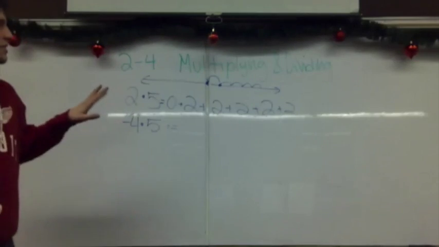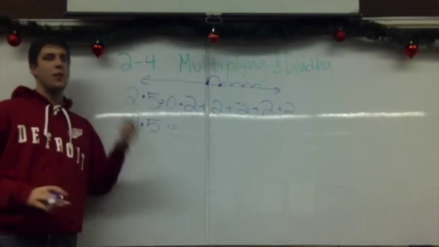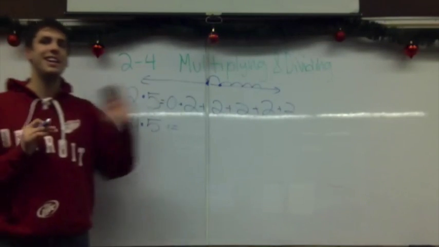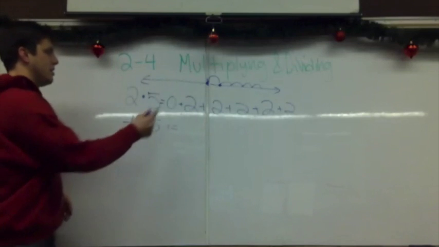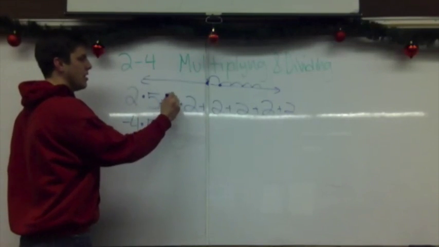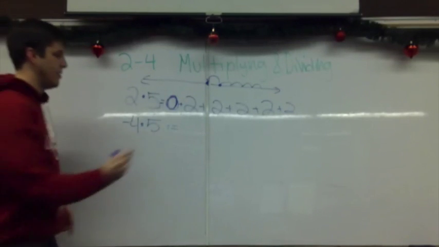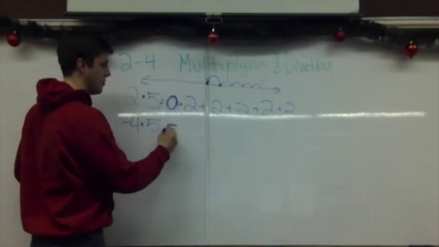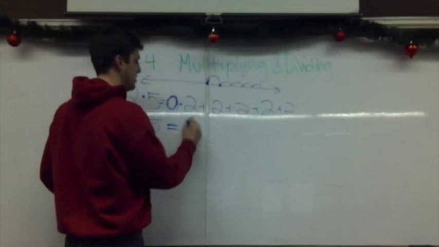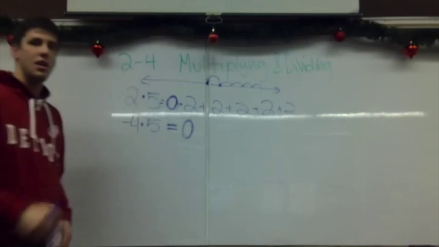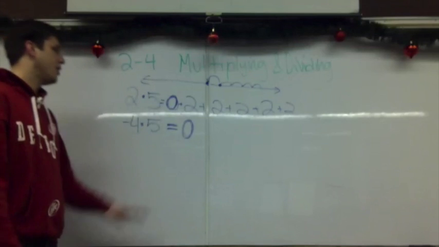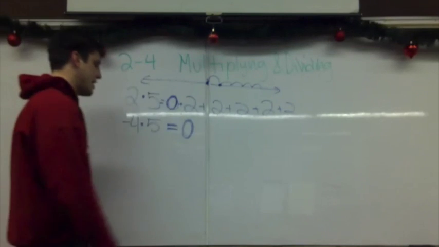So you can always pretend that when you're dealing with multiplication, when you turn it into an addition string, the first number in there is a 0. It's going to be the same thing down here. You're going to start out with a 0. And that 0 is our starting point on the number line.